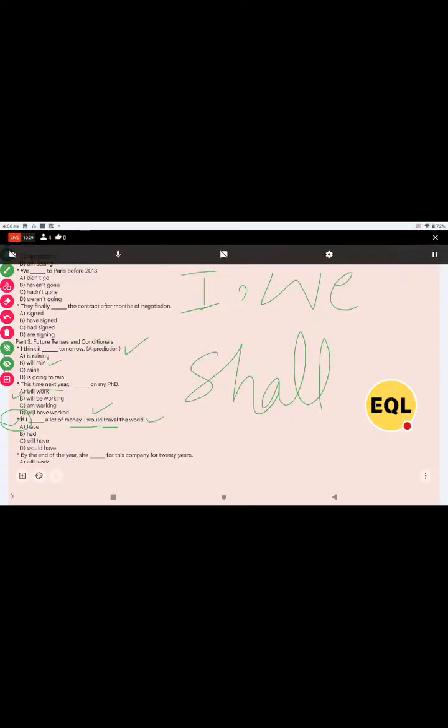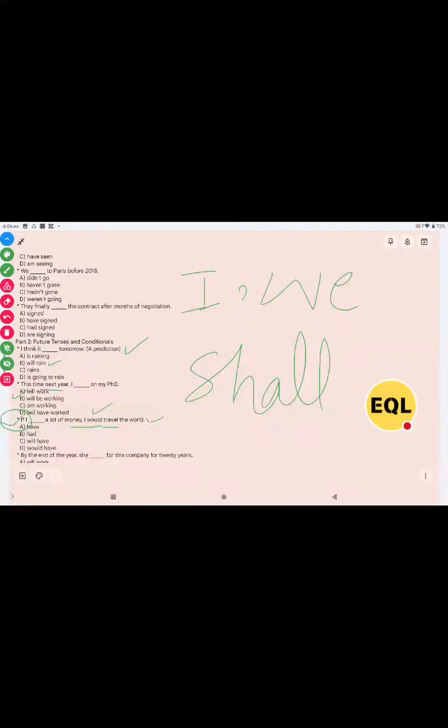Let's see the options: A, have; B, had; C, will have; D, would have. We need the second form of verb, that is had. Had is the second form of has and have. Has and have is the first form, had the second form, and then had again the third form. So if I had a lot of money, I would travel the world.